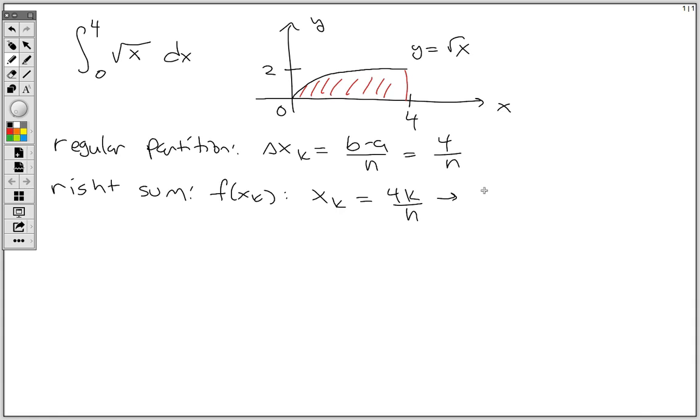And so the f of x_k would be the square root of x_k, which would be the square root of 4k over n, which would be 2 over root n times the square root of k.